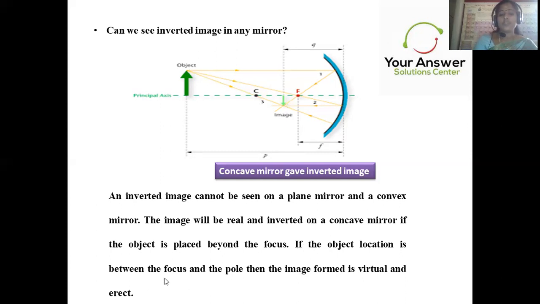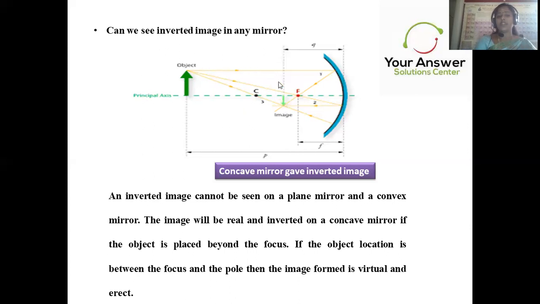If the object location is between the focus and the pole, then the image formed is virtual and erect. So if you place the object in front of this middle point, again it will be erect only. Away from the middle point, then only you can observe an inverted image.